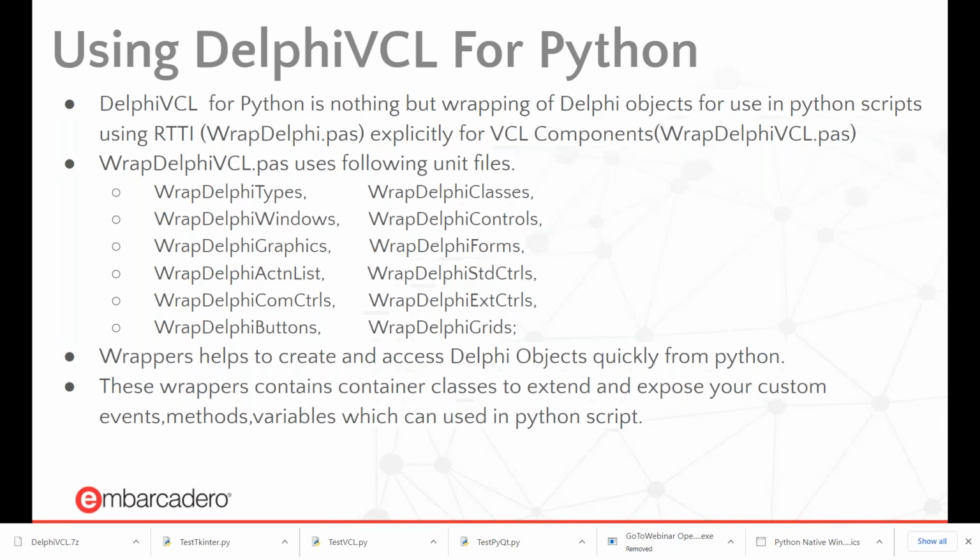These two pas files are there, and if you see WrapDelphiVCL.pas, you have a lot of classes. There are a lot of unit files being used, like WrapDelphiTypes, WrapDelphiWindows. You can see here graphics, action list, common controls, buttons, classes, controls, forms, standard controls, extended controls, and WrapDelphiGrids.